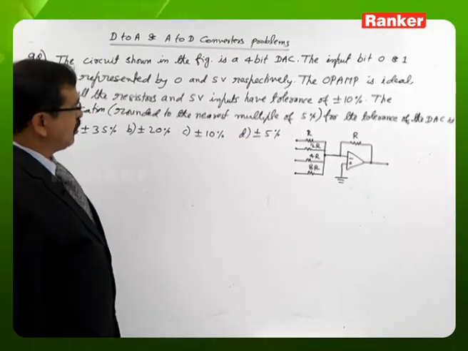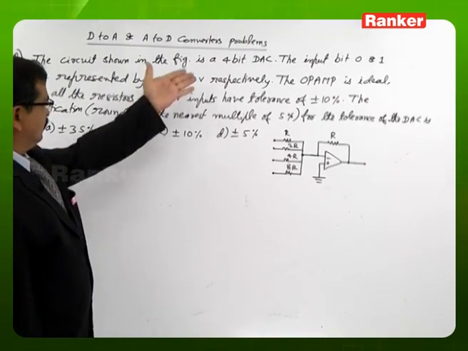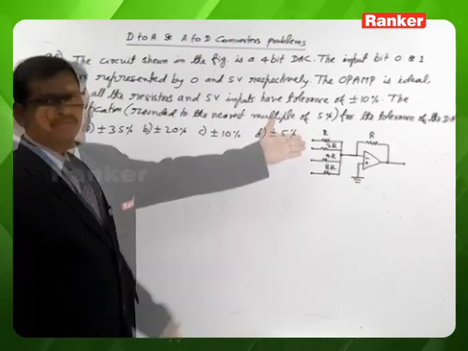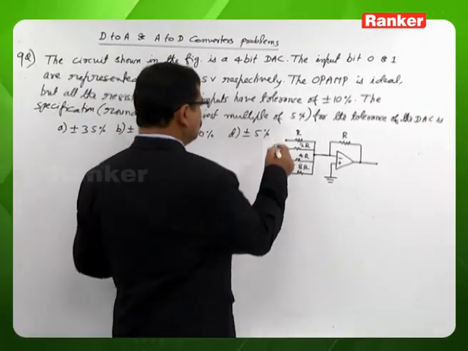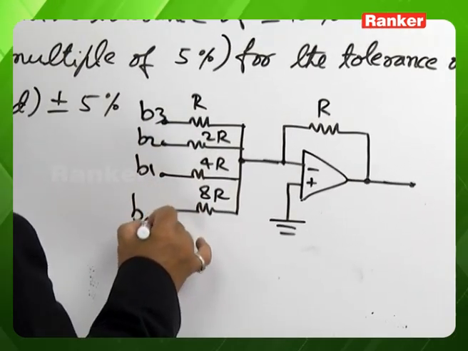Based on the figure, it is possible to recognize it as a weighted resistor digital to analog converter, with the B3 bit, the B2 bit, the B1 bit, and the B0 bit.